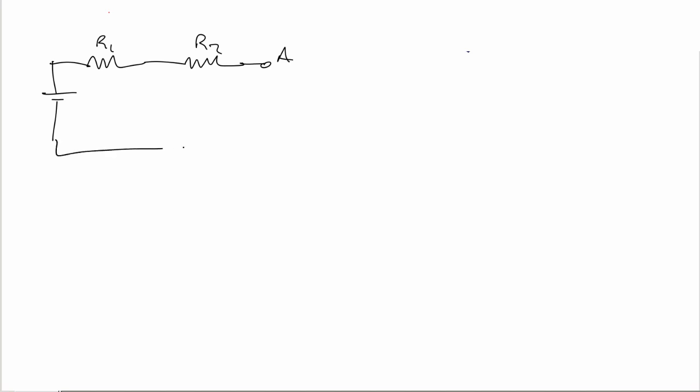I'm going to have two terminals, A and B, and I'm also going to have R3. Maybe I can call this the supply voltage VS. It's basically the battery, it's DC.